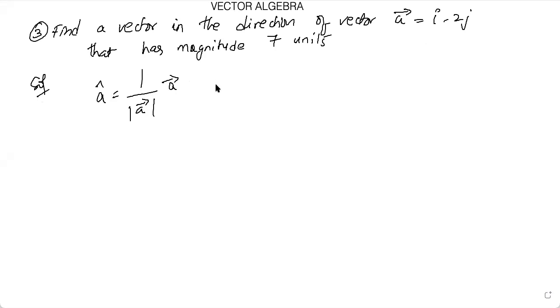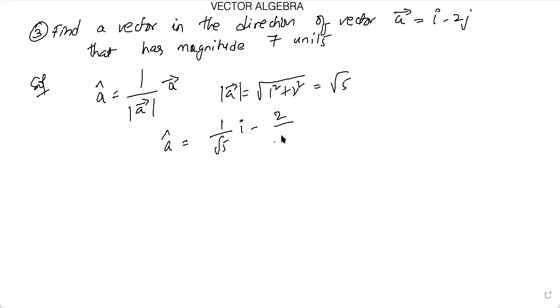So mod a is the square root of 1 square plus 2 square, which is root 5, right? And a cap would be 1 by root 5 i minus 2 by root 5 j. So we got the unit vector here.